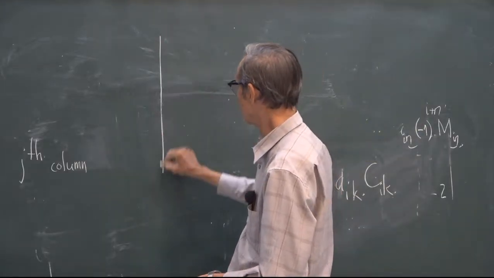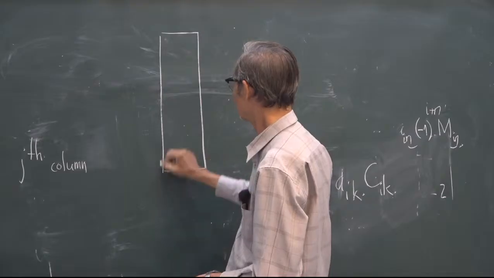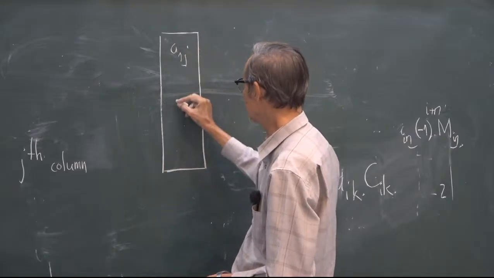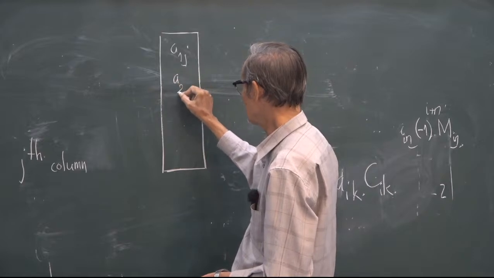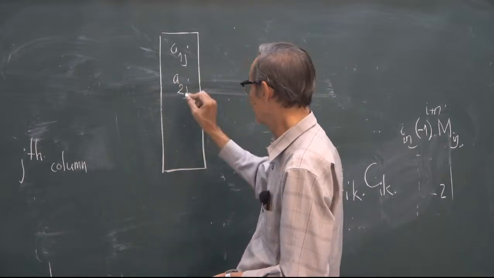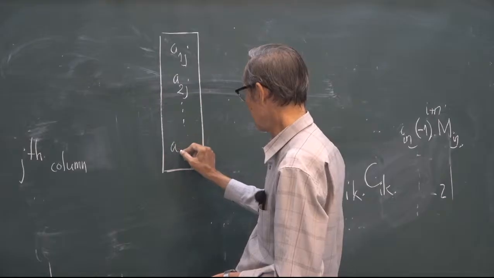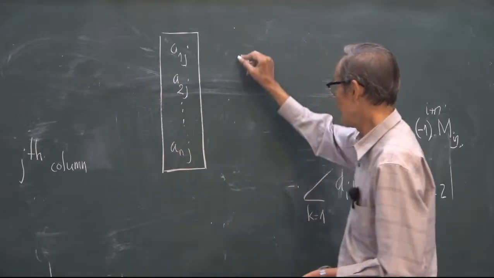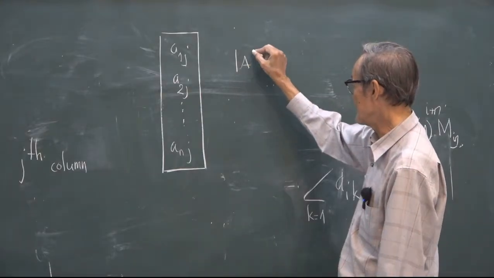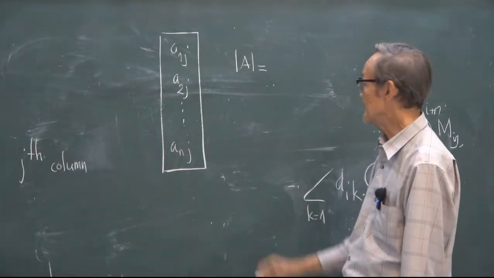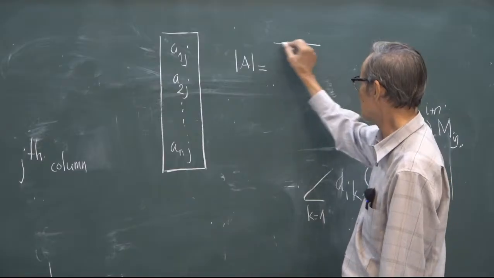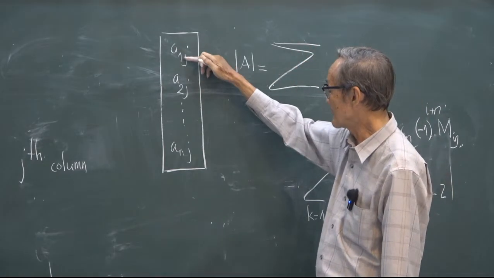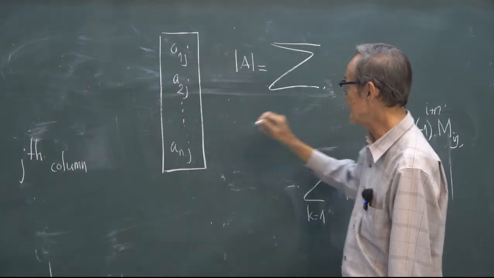J column: a row 1 column J, a row 2 column J, etc., a row n column J. We have determinant of A equals sigma a_1j, a_2j, a_nj.